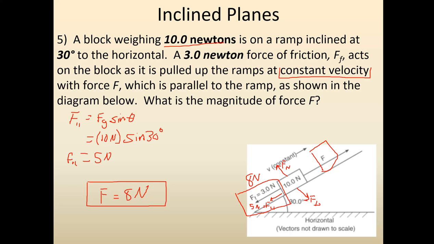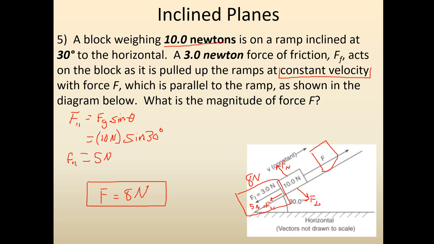This has popped up on the Regents as a multiple choice question. It definitely is one of the trickier things, but if you remember the statement I said about how a lot of these questions are like magic tricks, if they're looking for the force pulling up, you have to look at the forces pulling down. So not only is the 3 newton force pulling down, but the 5 newtons is also pulling down.